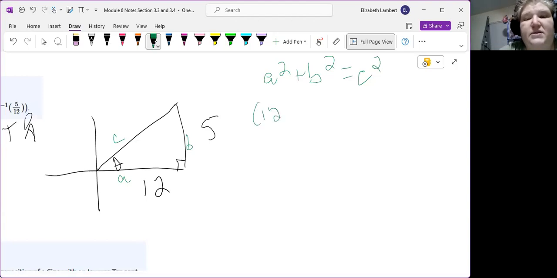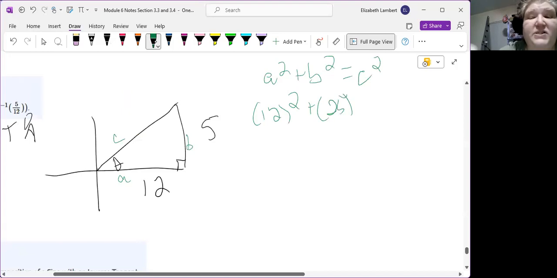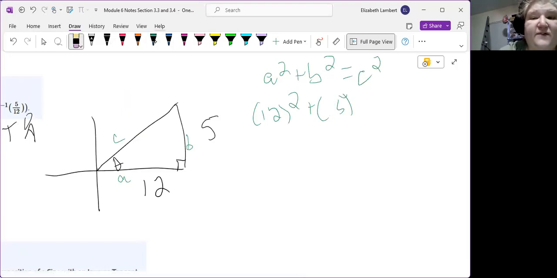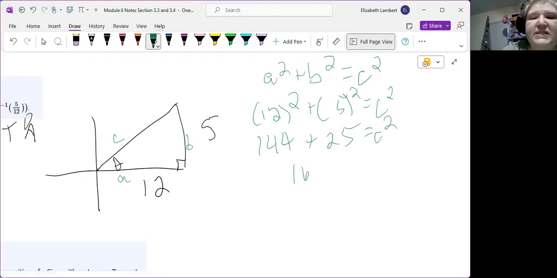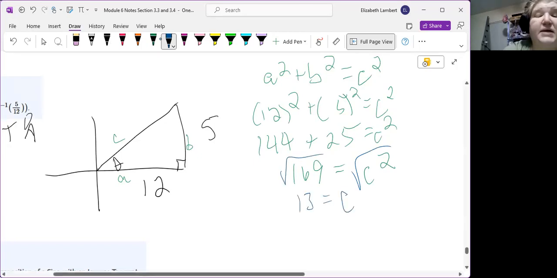So this is 12 squared plus 5 squared, which is 25, and 12 squared is 144. And so we get 169, which actually square roots to be 13. Now, since we're finding the hypotenuse, it's always assumed to be positive.